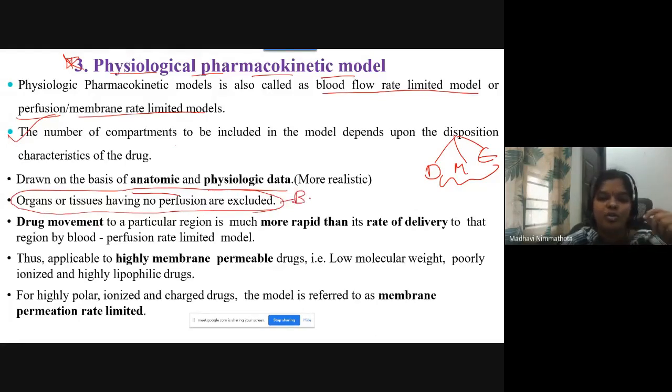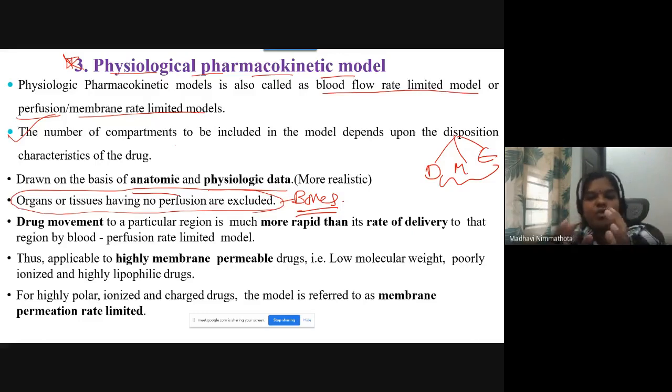Those are bones. Bones don't show any perfusion, so you have to exclude the bones in this physiologic pharmacokinetic model. The drug movement to a particular region is much more rapid than its rate of drug delivery.